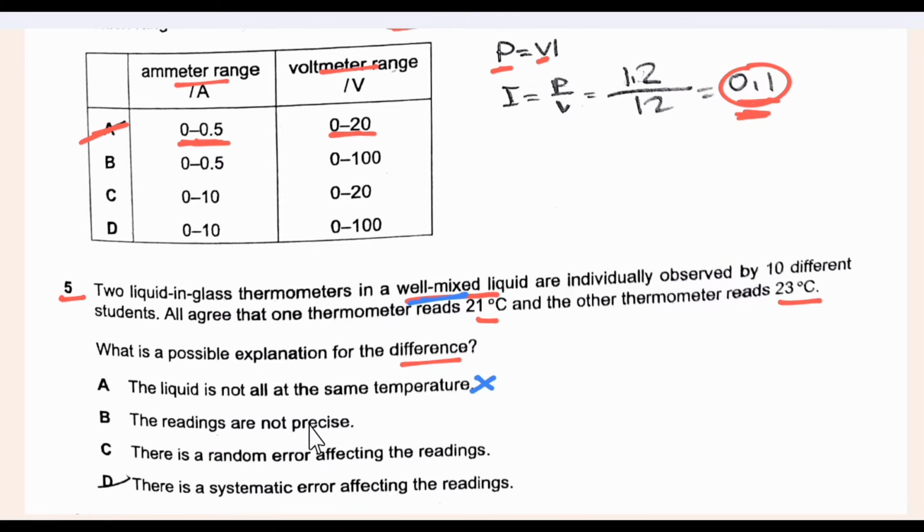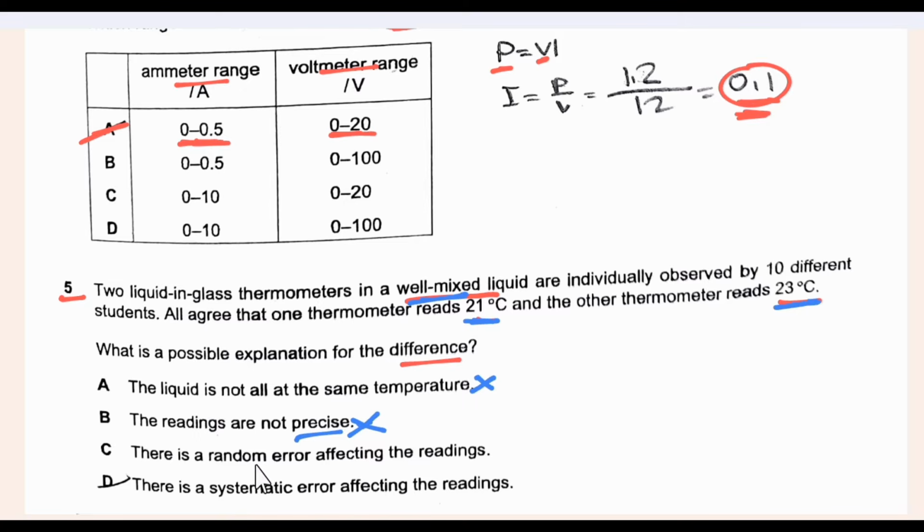The readings are not precise. As we can see, the difference between the readings is not that great, so the readings are precise. That means the readings are close to one another. So this statement is wrong. There is a random error affecting the reading.